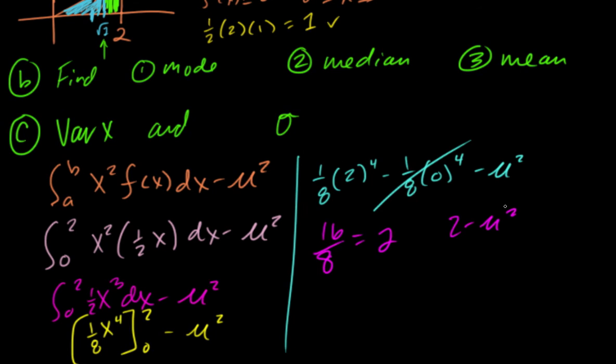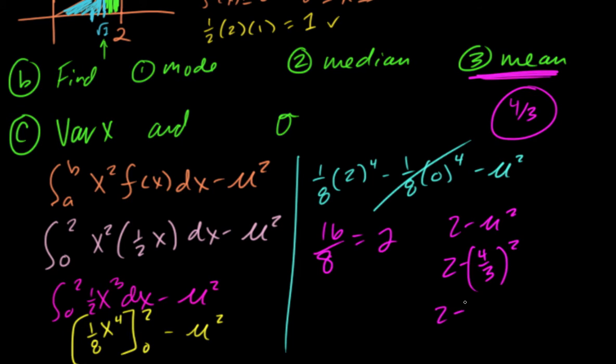If you remember our mean, I don't have it written down, but it was 4/3, and that's what I'm going to plug in here. So 2 minus 16 ninths. If we change this to get common denominators, it's going to be 18 ninths, and if we subtract that, we get 2 ninths.